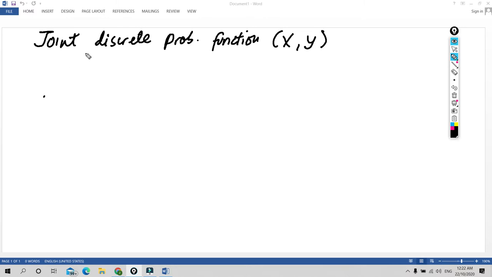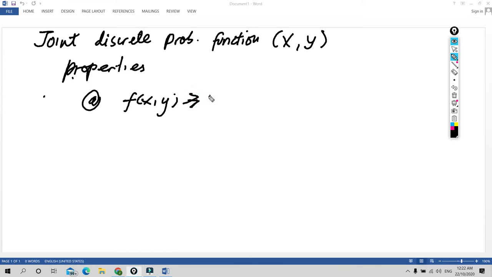So the properties of this joint discrete probability function are: the first one, f(x,y), which refers to the joint discrete probability function, must be greater than or equal to 0.